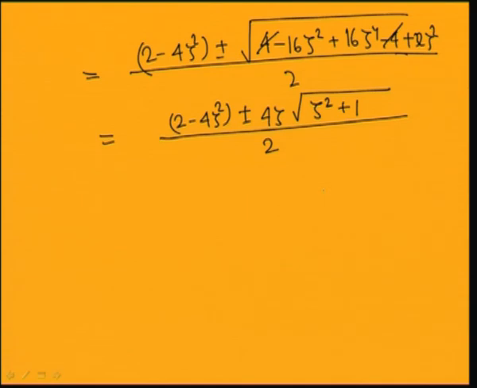So, neglecting the zeta square terms, you can write this r square will be equal to 1 minus 2 zeta square plus minus 2 zeta root over zeta square plus 1, by dividing these 2 and neglecting the zeta square term.